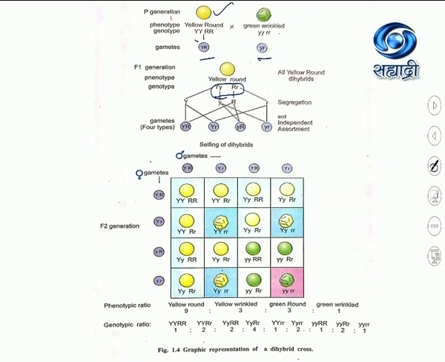Please pay attention. When this was allowed to undergo selfing, the members in the allelic pairs segregated from one another. Capital Y, small y, capital R, small r, all separated from one another. Segregation means separated from one another, and they assorted independently.